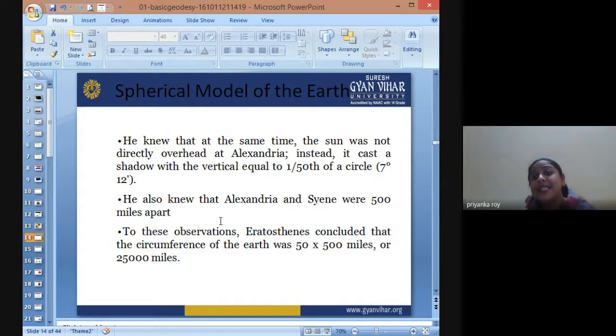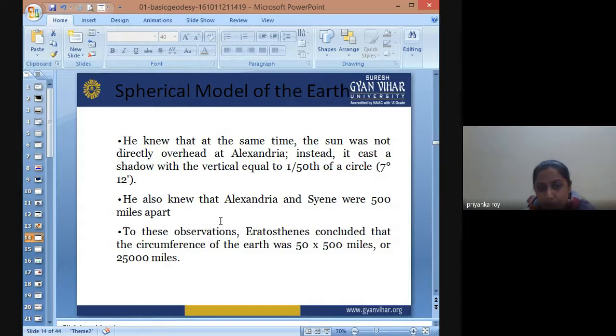Instead it cast a shadow of 1/50th of the circle, which means about 7 degrees 12 minutes of deviation. So he knew that Alexandria and Syene were about 500 miles apart.